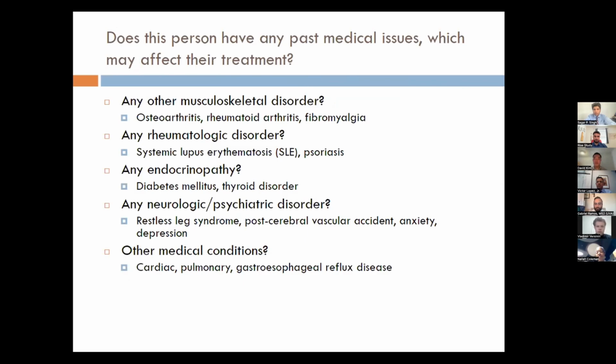So any MSK disorders, so osteoarthritis, rheumatoid arthritis, or JIA, fibromyalgia, any rheumatologic disorders like lupus, psoriasis, mixed connective tissue disorder, any endocrinology issues, diabetes, thyroid issues, any neurologic or psychiatric disorders, so restless leg, post-CVA, anxiety, depression, cerebral palsy, or a history of concussion, and any other medical conditions. So cardiac, pulmonary, reflux, anything that might actually impact your treatment of them.